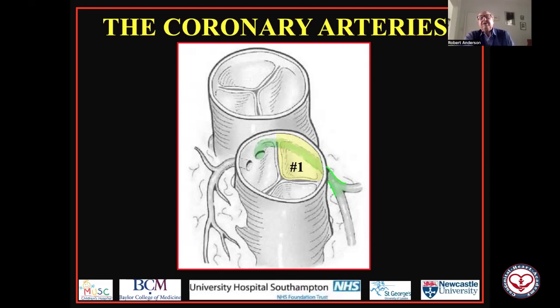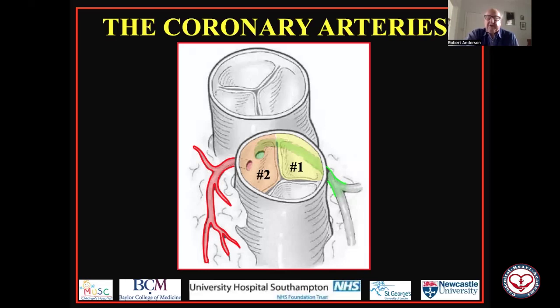But in fact, it does not. It crosses over the commissure between that sinus and the pulmonary trunk, and it arises from sinus number 2, along with the right coronary artery. And this is the variant that is known as the intramural anomaly.